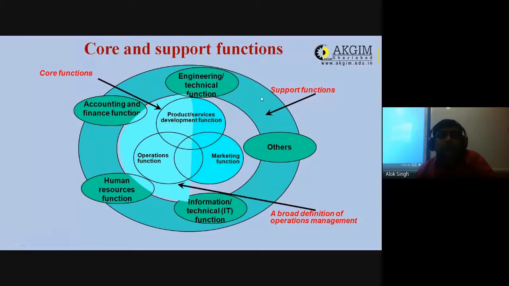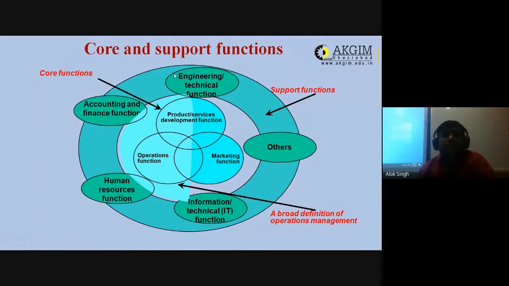Other support functions that support these three functions: first is engineering and technical function. What is engineering and technical function? Basically, it ensures designing the product as per the customer's specification. Technical means what type of machinery I should involve in that production facility, what type of skill I need, should I need external expert advice or something else.